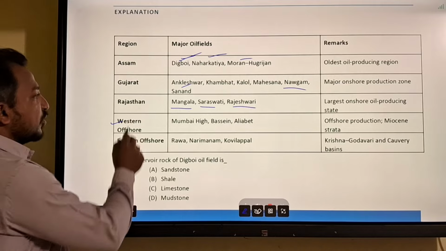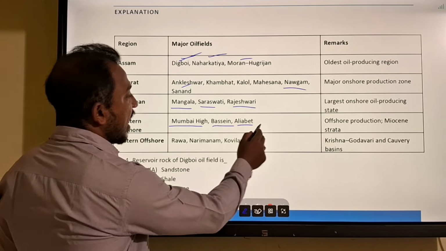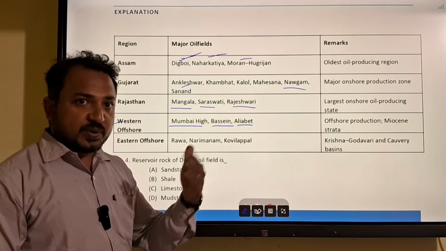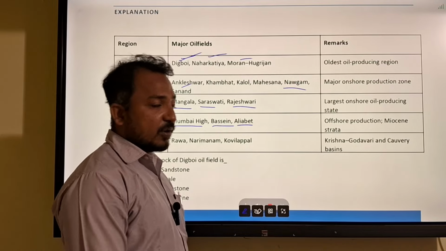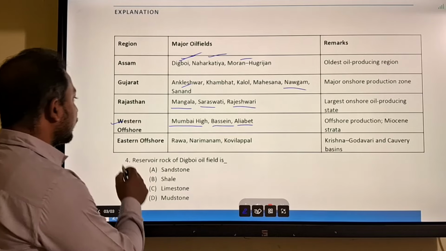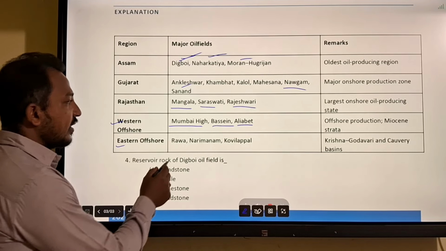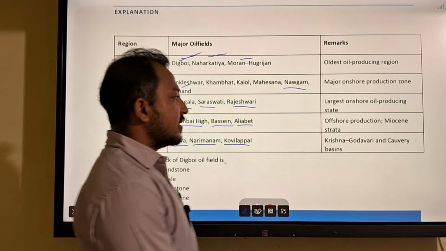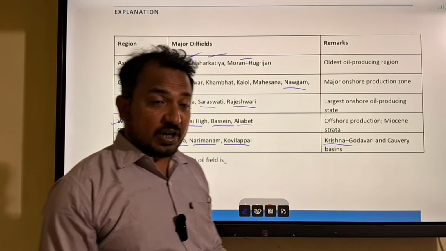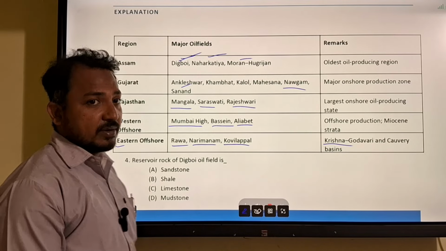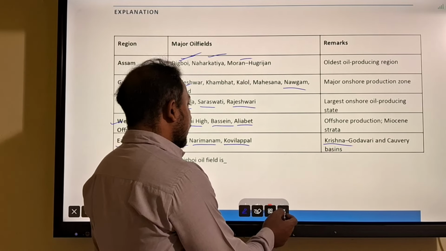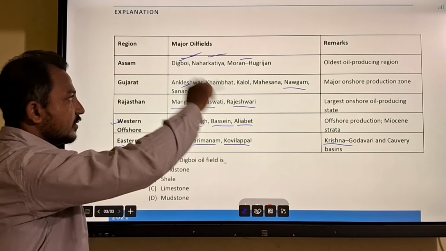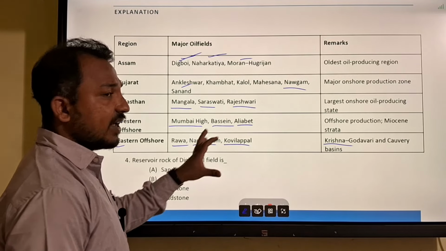Then in the western offshore region there is Mumbai High, Basin, and Aliabet, within the ocean, belonging to Miocene strata. Then in the eastern offshore you will get Ravva, Narimanam, and Kovilapal in the Rajahmundry region, the Krishna Godavari Valley or Kaveri Valley. These are the major oil producing regions of India.